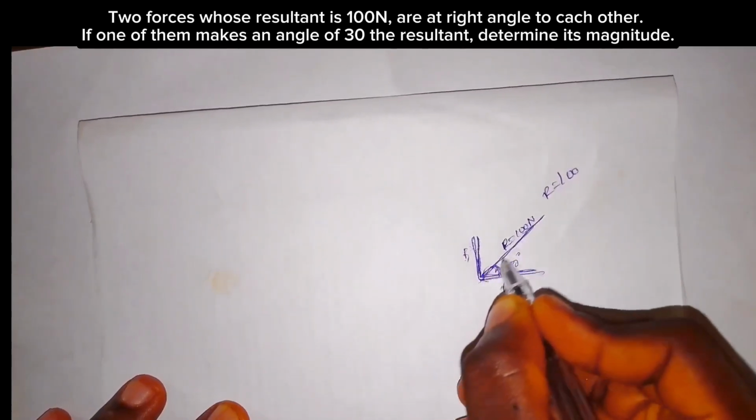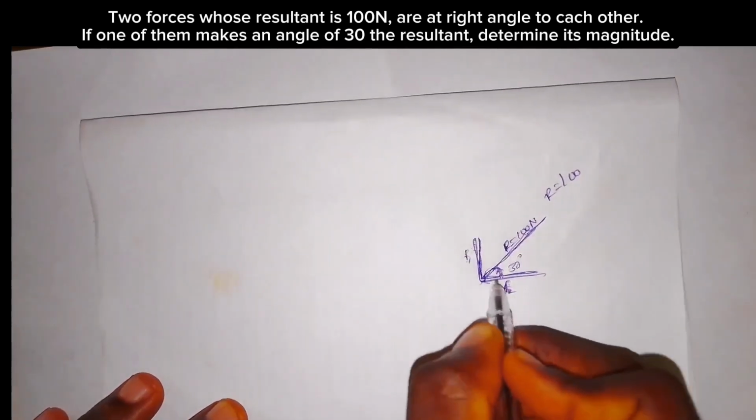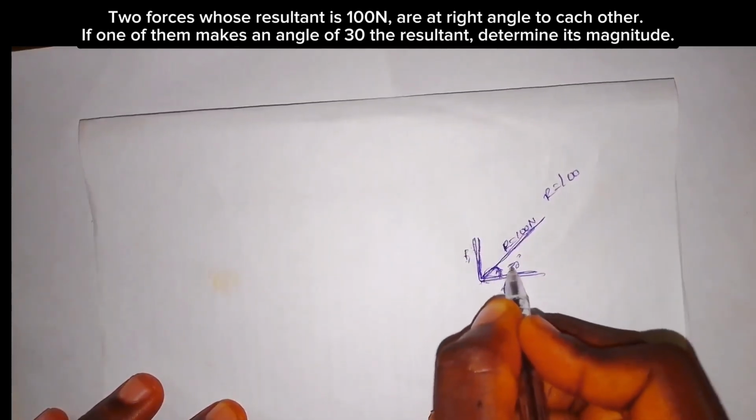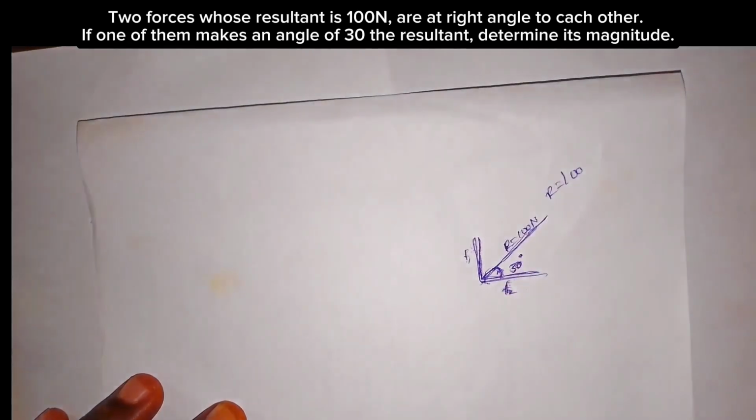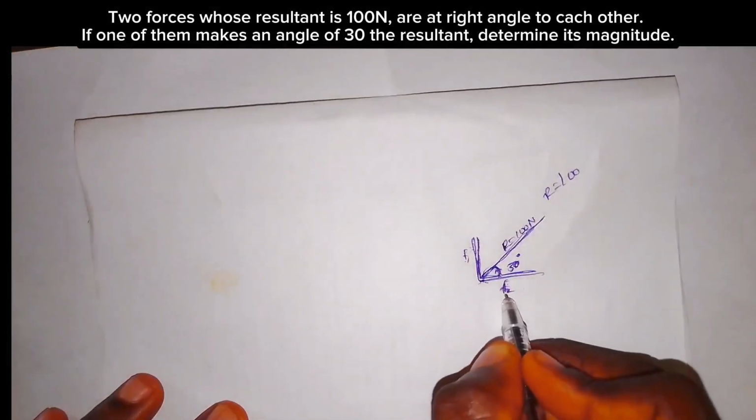This is the resultant, and this one makes an angle of 30 degrees with the resultant. Let's continue. Determine its magnitude. That is, they say we should look for this one's magnitude.